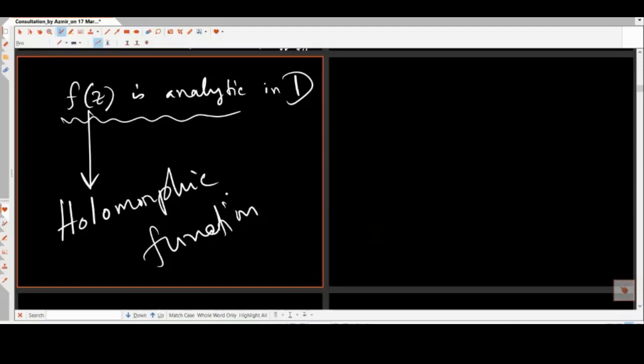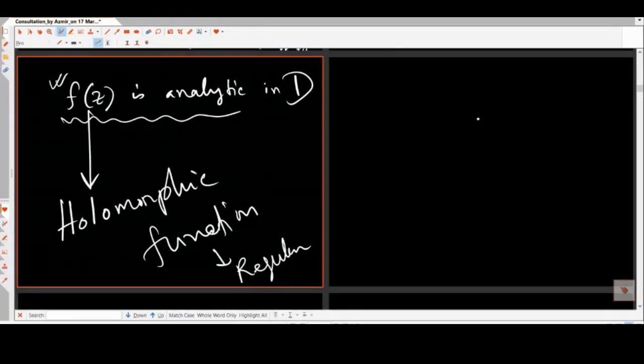Holomorphic function, analytic function, regular function are the same. If the function is analytic throughout the domain D, that means inside D, whatever points we have, Z0, Z1, Z2, Z3, up to Z infinity, for all those points the function is differentiable. That's why in that case, that function f of z is also called a holomorphic function or regular function.